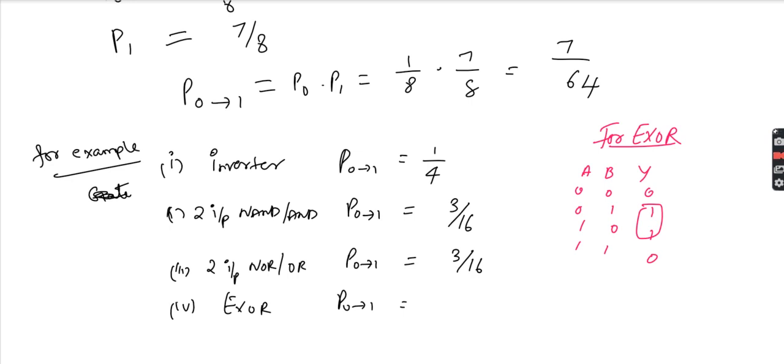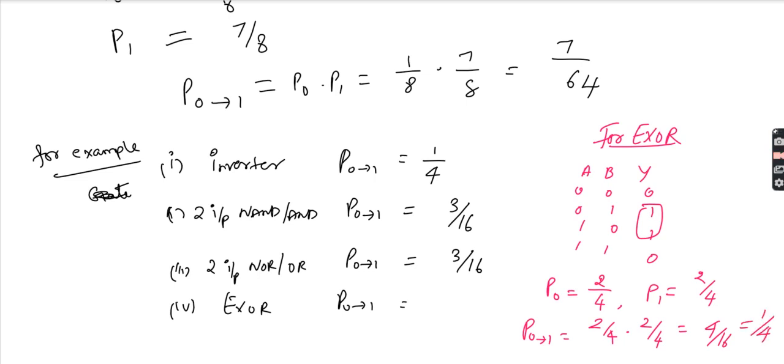So let me say what will be the probability of occurrence. What is the P0 here? P0 is nothing but the probability of occurrence of 0, which is 2 by 4. What is the probability of occurrence of 1? It is also 2 by 4, because we are getting two ones. Then the switching activity is the product of the two, 2 by 4 and 2 by 4, that is 4 by 16, that is 1 by 4.